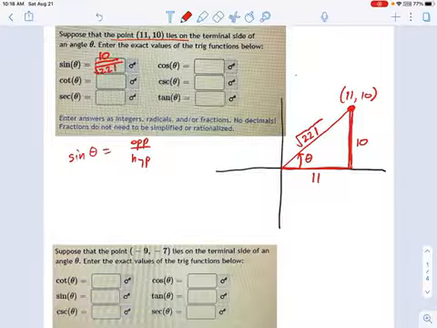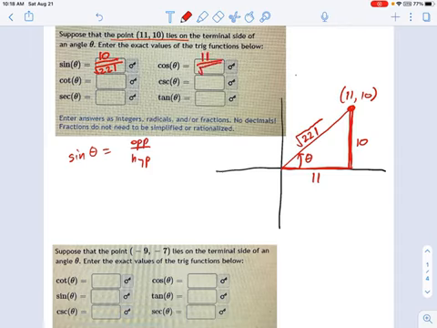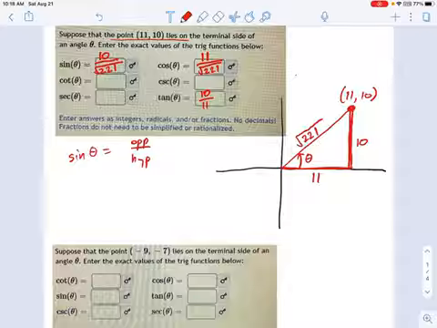Likewise, cosine is going to be 11 divided by the square root of 221. And the tangent would be 10 over 11, opposite over adjacent. And those other functions, cotangent, secant, cosecant, we've been over those a bunch of times. Those are just your reciprocal functions.